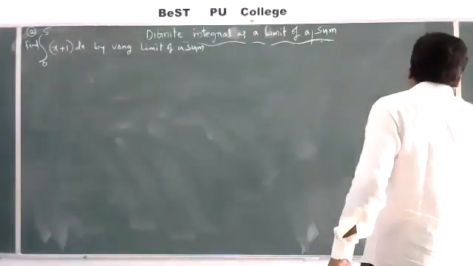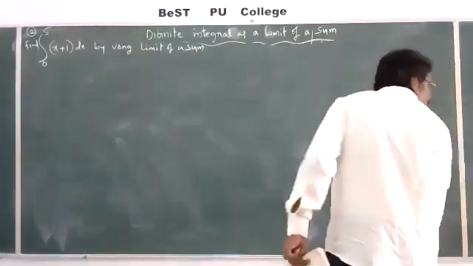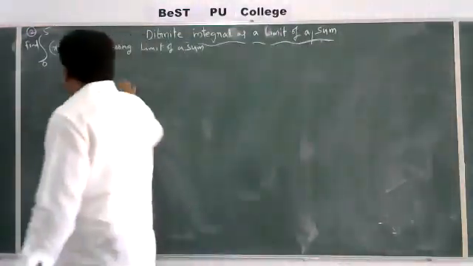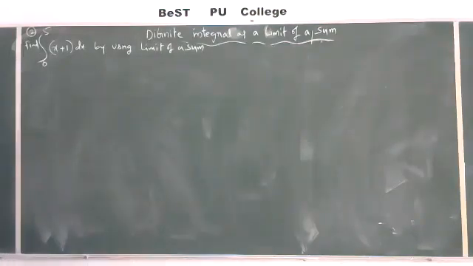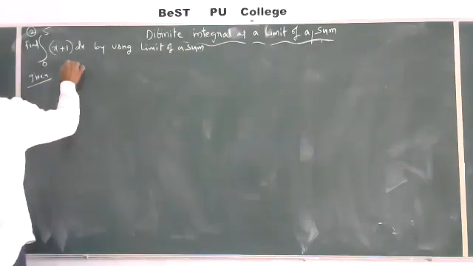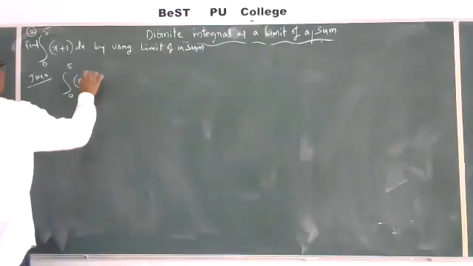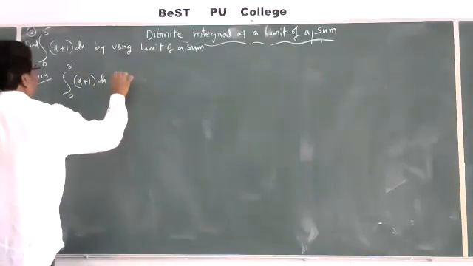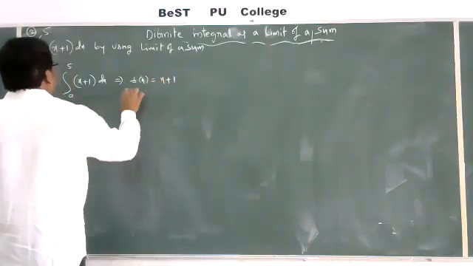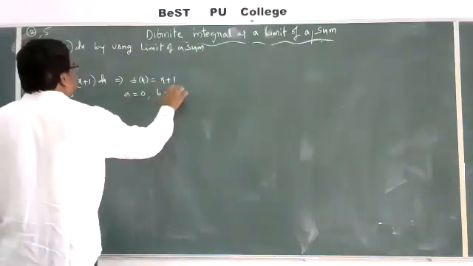First observe the problem. What is the lower limit? What is the upper limit? Here the lower limit is 0, upper limit is 5. Given integral 0 to 5 x plus 1 dx, that implies f of x is equal to x plus 1. a is equal to 0, b is equal to 5 here.